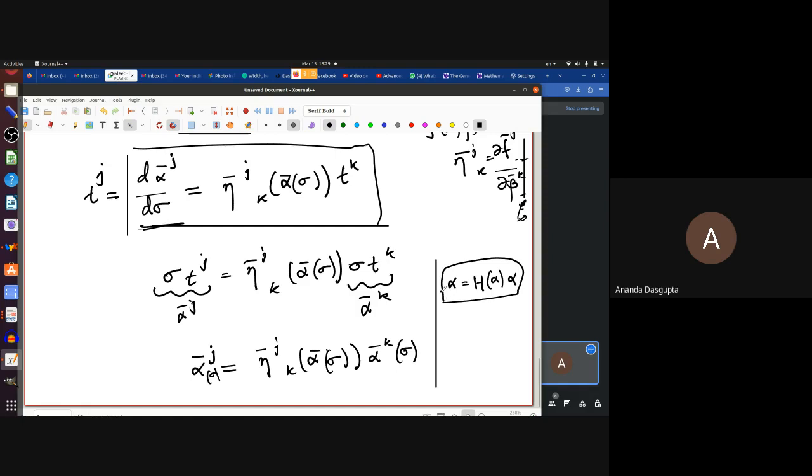Right? Because this looks like alpha, the bunch of R numbers, is an eigenvector of H alpha with eigenvalue 1.